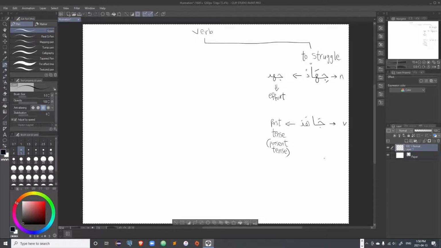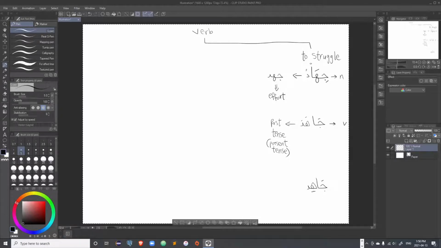Now for the imperative, the rules that we discussed previously do not apply here as well. This is another exception. The imperative here is exactly the same as the past tense form, with the exception of a difference in diacritics, but it is spelled exactly the same.